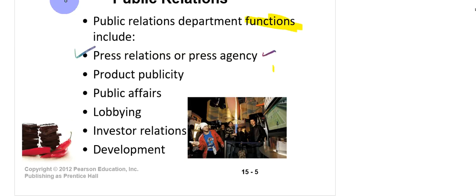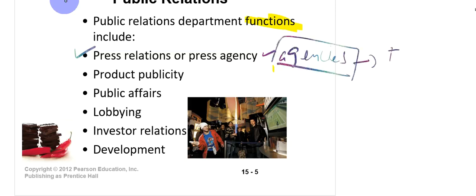It is to make good relations with press agencies. So the positive side of the organization is communicated to the readers of press or to the audience of press. So the first function of the PR department is to have good and positive relationship with press.